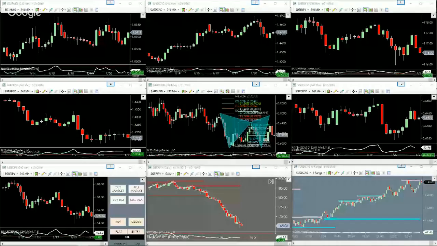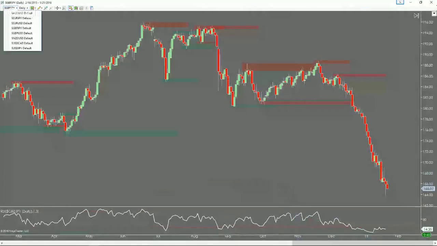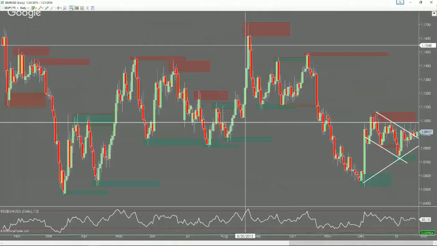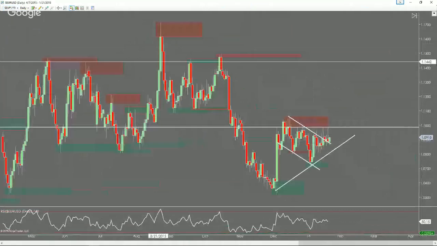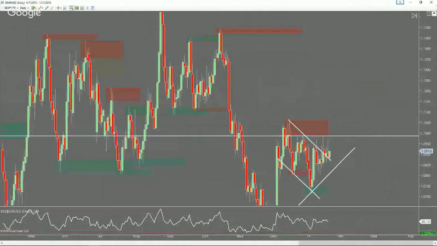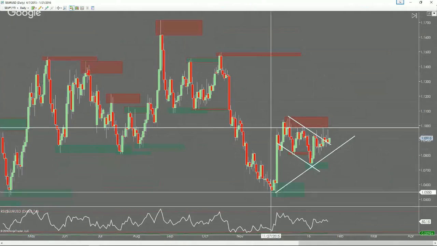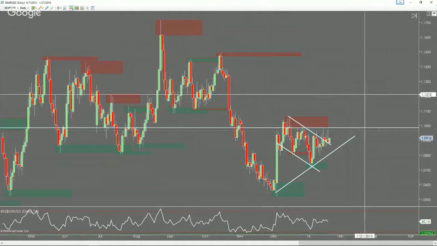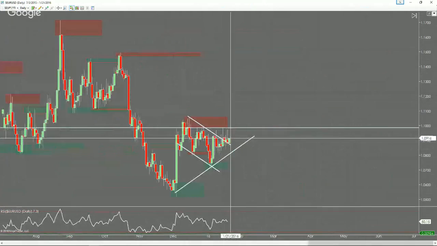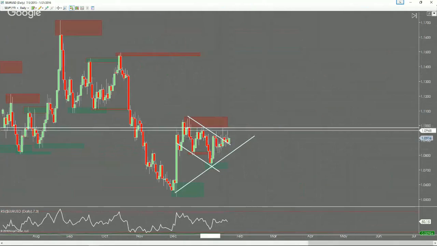All right, let us start with the Euro dollar. Euro dollar, about the same as yesterday. We still have that identified ascending triangle. It's looking like price is coming back up to retest this level of structure.